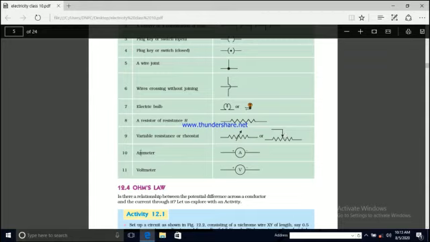Then the next thing is the ammeter. What is the ammeter used for? What is its function? An ammeter is used for measuring electric current in the circuit. It is always connected in series with the circuit. Also remember that there are two terminals for an ammeter, just like a battery.